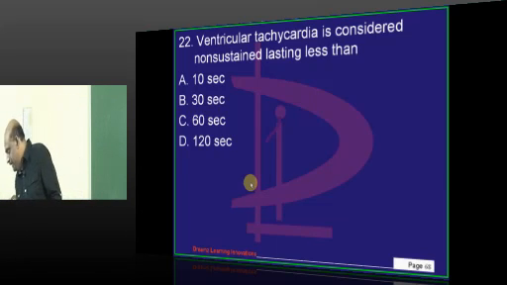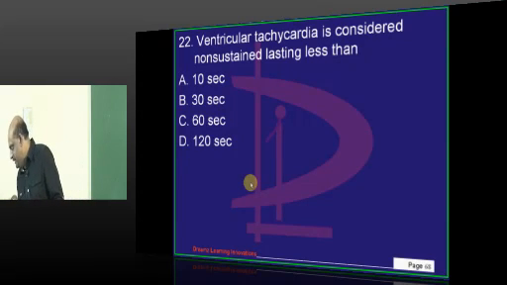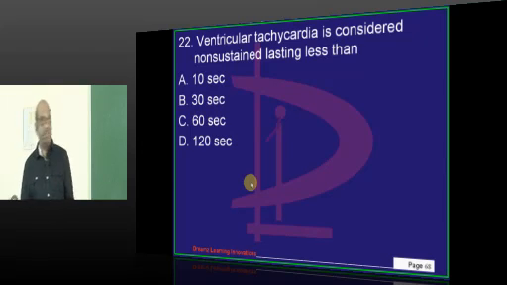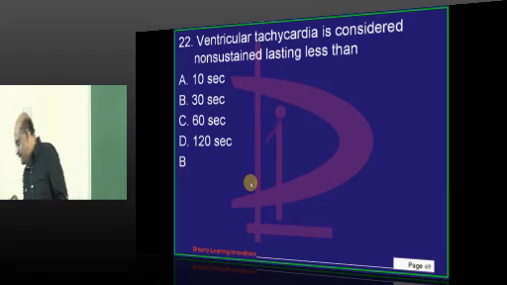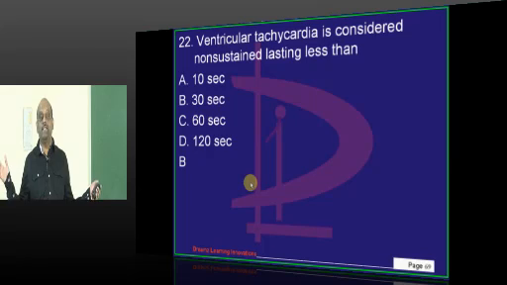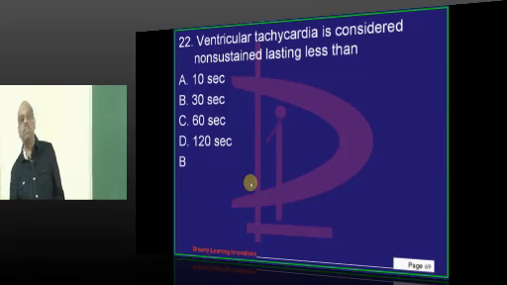One confident answer please. Is your lucky number 10 seconds, 30, 60 or 120 seconds? Very good. 30 seconds is the benchmark, which is a differentiator. Deva thought it as 120 seconds, which is too big, sir. If the VT is more than 30 seconds, it is sustained VT; less than 30 seconds you call it non-sustained VT.